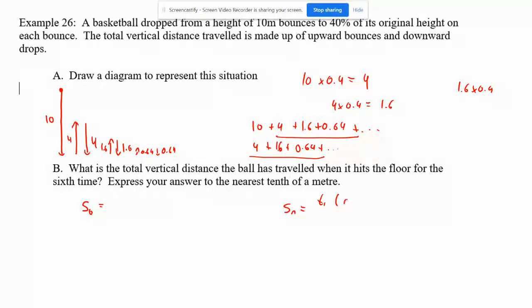Sn equals T1 times (r to the n minus 1) over (r minus 1). So S6, T1 is 4. Our value of r is 0.4, so (0.4 to the 6th minus 1) over (0.4 minus 1).